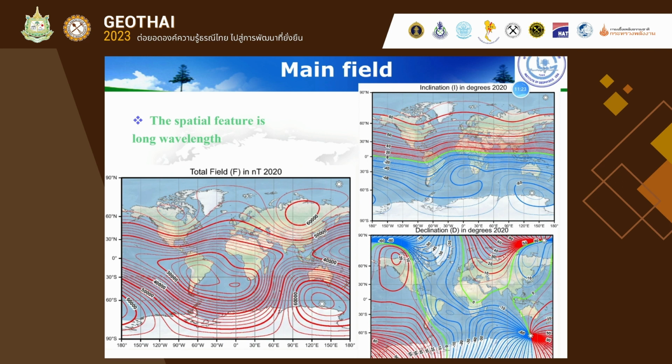The main field has a special character: a long wavelength. You can see the spatial distribution of the main field, its wavelength is very long.